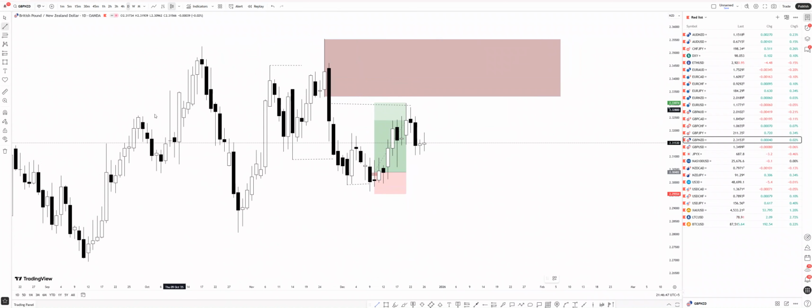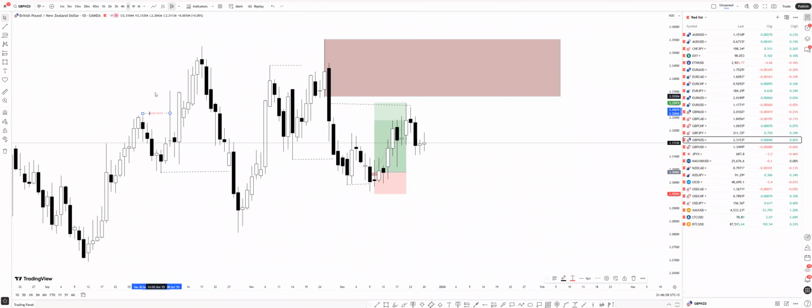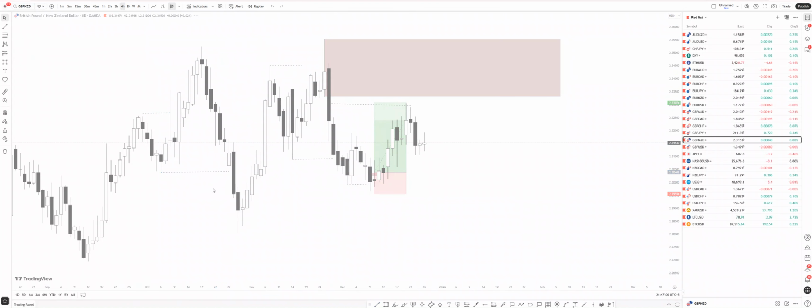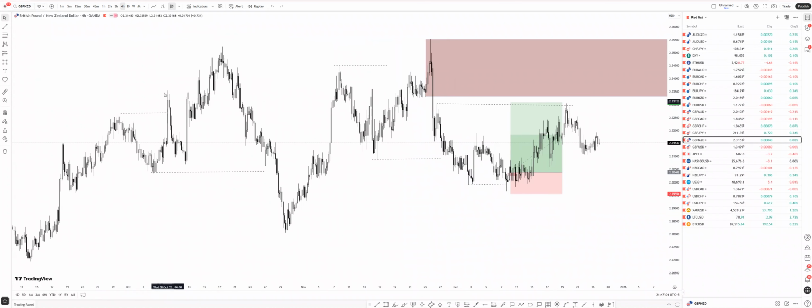For example, we have a break of structure on bullish, and we have a break of structure on bearish. Okay, now we want to trade this area, so we go to the H4 time frame. And if we look at the H4 time frame, you can see the market is coming and the market dropped.